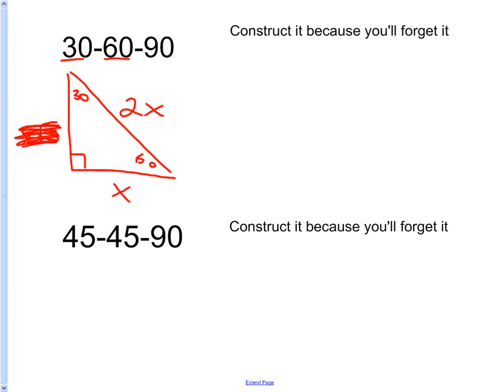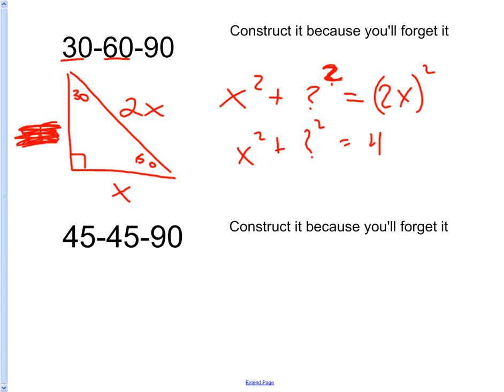So I could say that x squared plus I don't know squared, that's a question mark squared, is equal to 2x squared, and that would be x squared plus question mark squared is equal to 4x squared. Remember, you got to square both parts. And then subtract it, and then it would be question mark squared is equal to 3x squared.